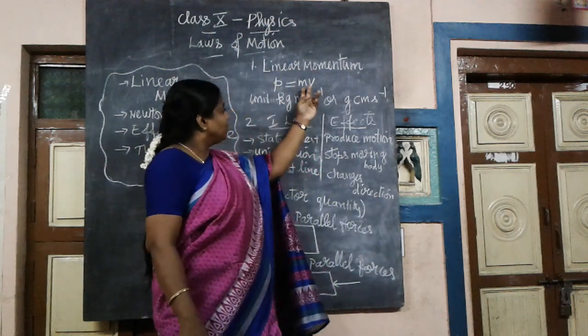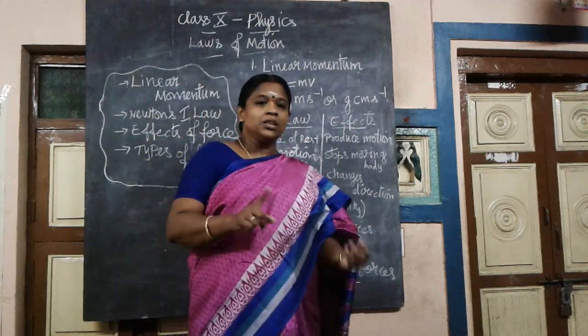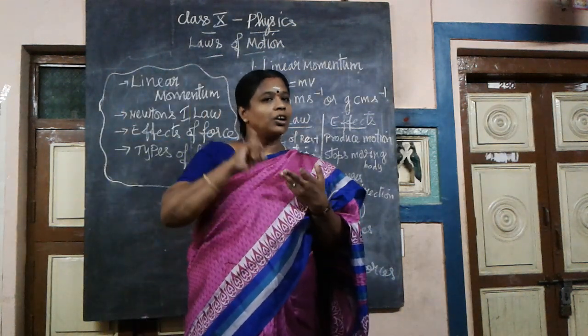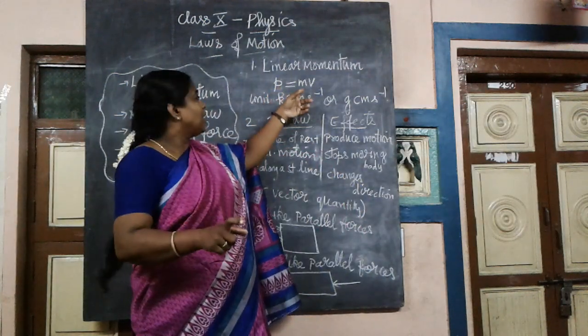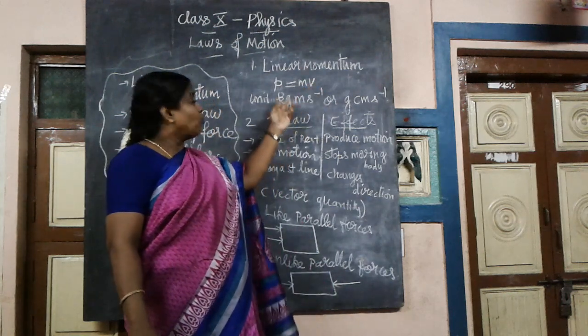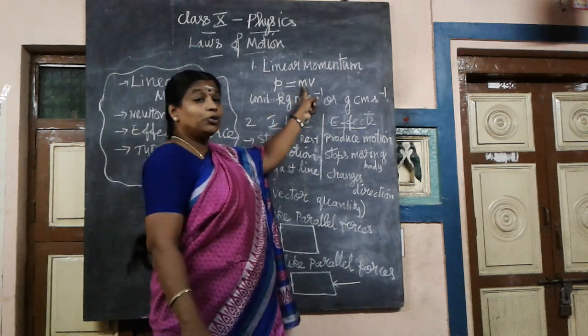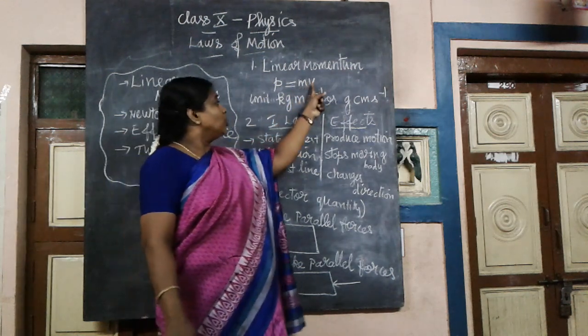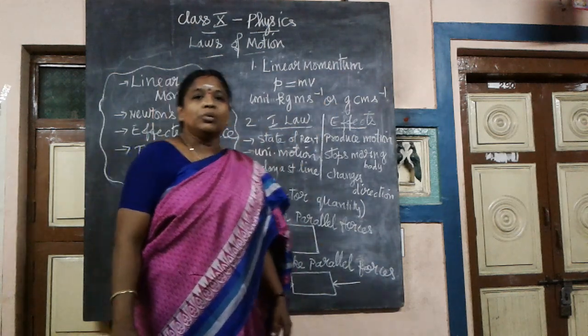Right. So come, let us go into the unit. Already I told you, definition means definition, formula, unit. Definition I told you: it is the product of mass and velocity. And what is its unit? Formula I had given you, p is equal to mv. Here the unit of mass is kilogram, the unit of velocity is meter per second. So what is the unit of linear momentum?